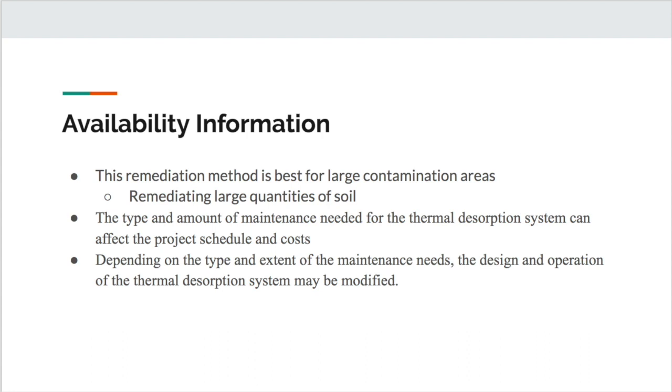And then depending on the type and extent of maintenance needs, the design and operation of the thermal desorption system may be modified, which is, once again, that site-specific bit of information. And then the following slide is the references for this section, so you can look at those if you want more information on cost.